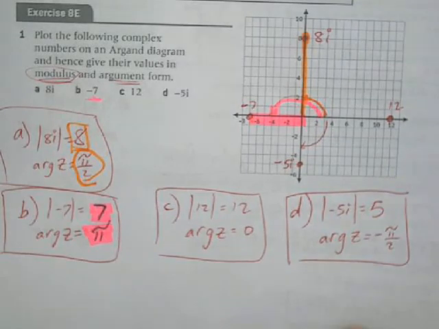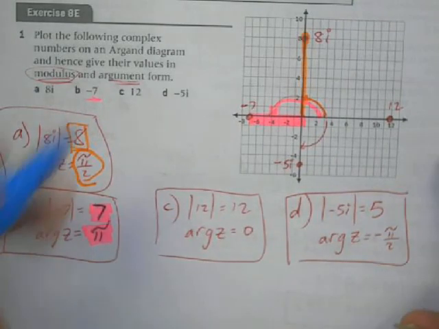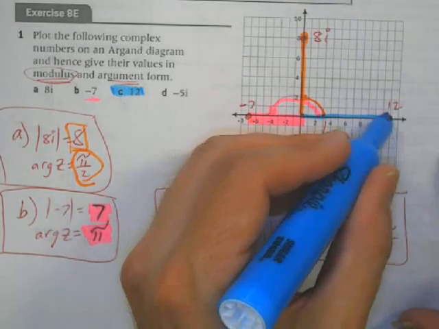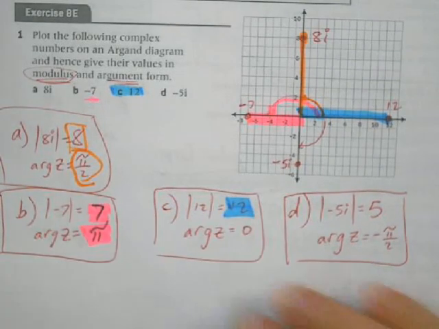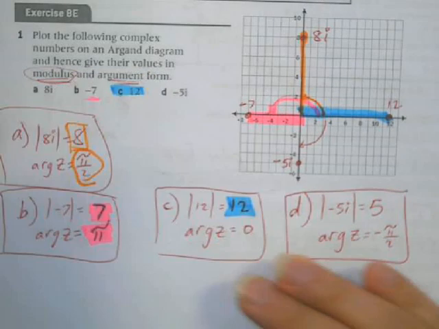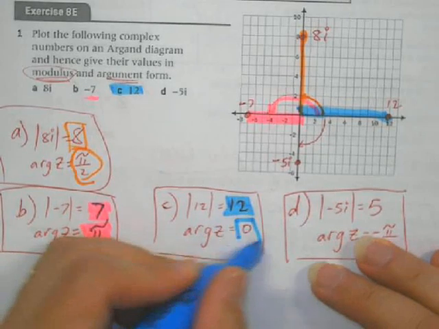Okay, let's look at a different one. 12. So that means I'm going to go this way, 12. So my modulus is going to be 12. And it doesn't twirl at all. So my angle, the argument, is going to be 0.